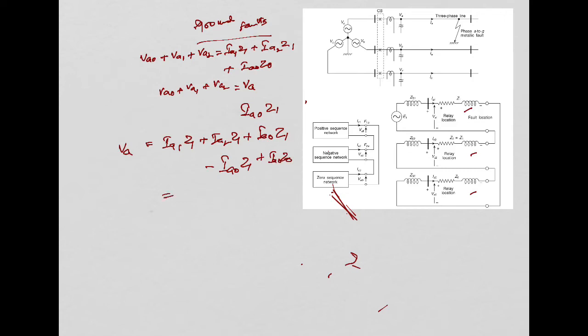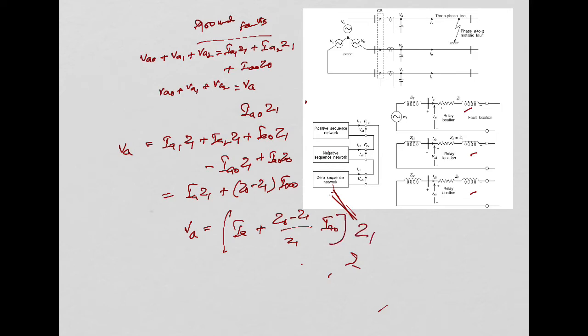Now after the final mathematical manipulation, we are getting IA Z1 plus (Z0 minus Z1) into IA0, and finally VA equals IA plus (Z0 minus Z1) divided by Z1, times IA0, into Z1.